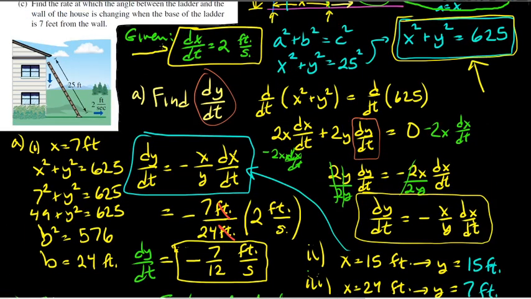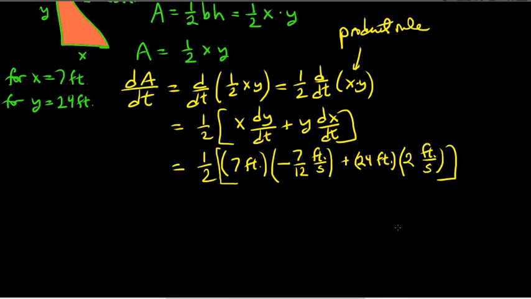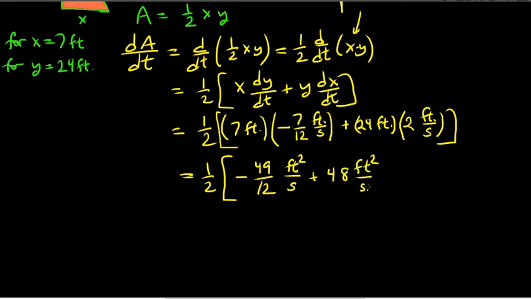That was 2 feet per second. Okay, we'll multiply by 1/2 later. This is going to be negative 7 times 7, negative 49 over 12. And this is feet times feet, so this will be square feet per second, again because it's an area. Plus 24 times 2 is 48, again square feet per second.